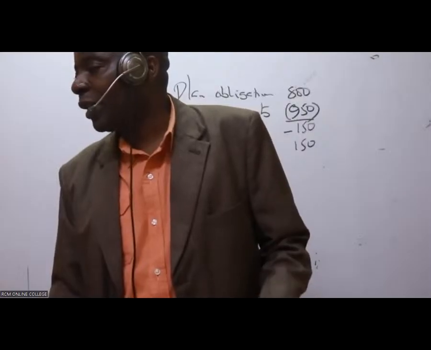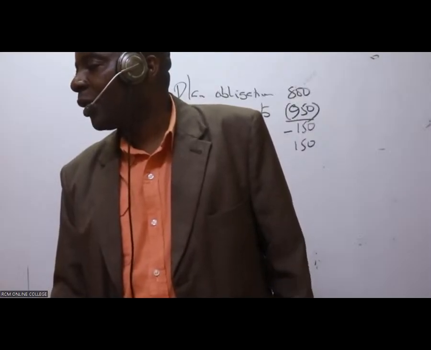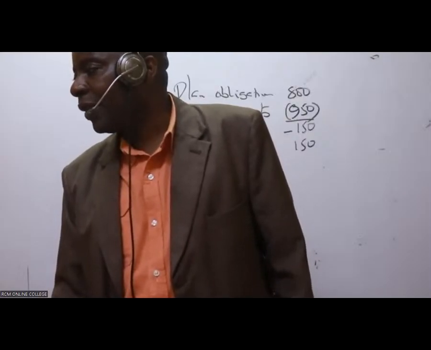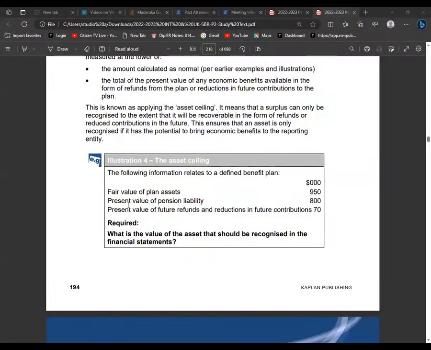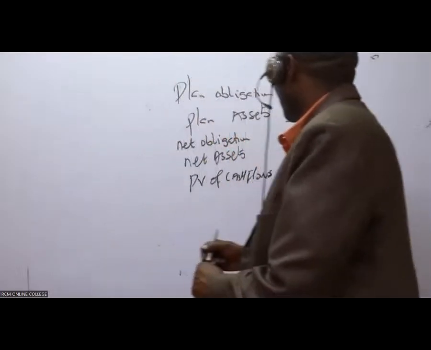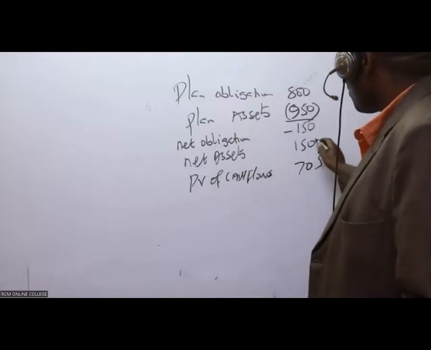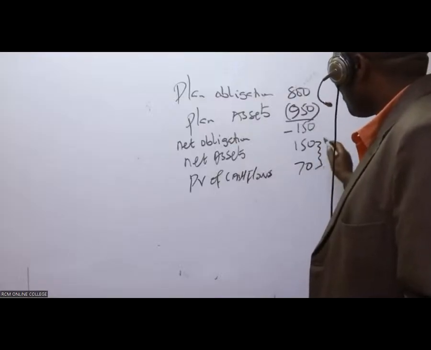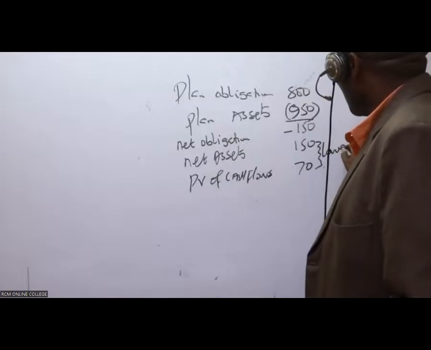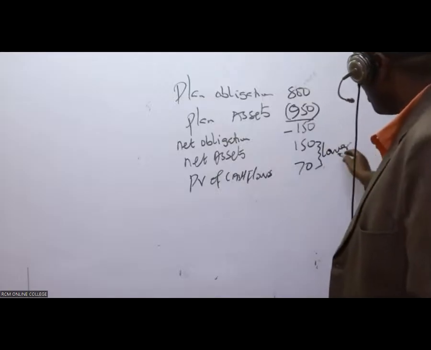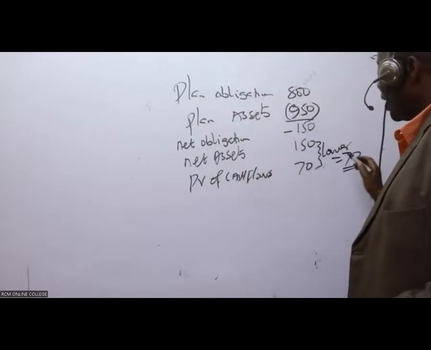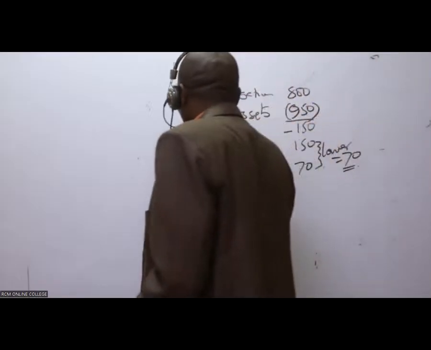Here, it is 70. Then you compare the two, to be able to get the ceiling. You compare the two and pick the lower. Always pick the lower. So the lower here is 70.